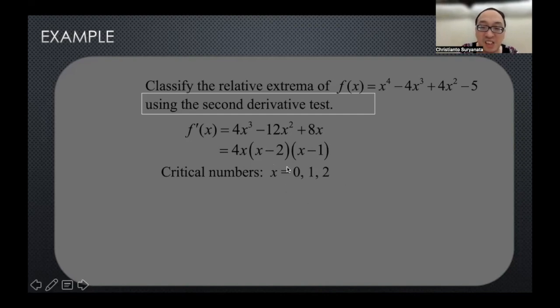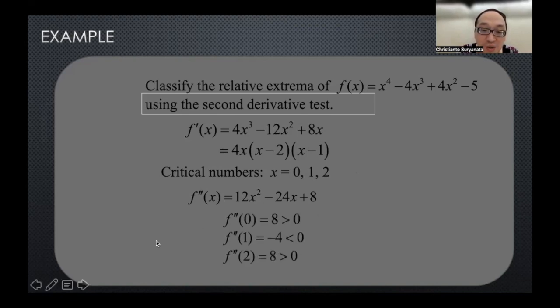Now, for these stationary points, we check the second derivative. So we derive this first derivative. For x cubed it becomes 12x squared, negative 12x squared becomes negative 24x, plus 8x becomes positive 8. And we check all the stationary values.